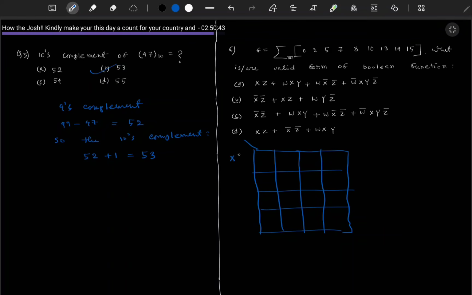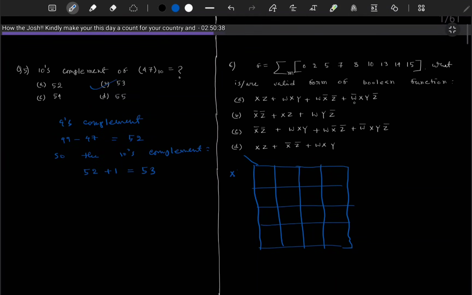In the options, the sequence w x y z is there. So for wx we can make here w bar x bar, then wx this side and yz this side. So y bar z bar, y bar z, yz, yz bar, w bar x, wx, wx bar.